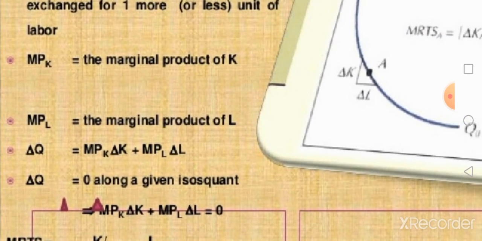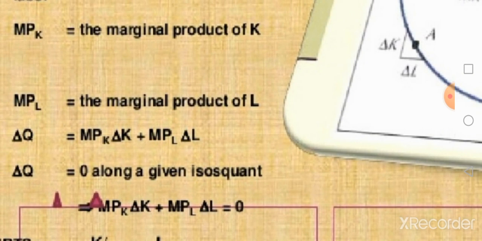Delta Q is equal to MPK times delta K plus MPL times delta L. Delta Q is equal to 0 along a given isoquant.